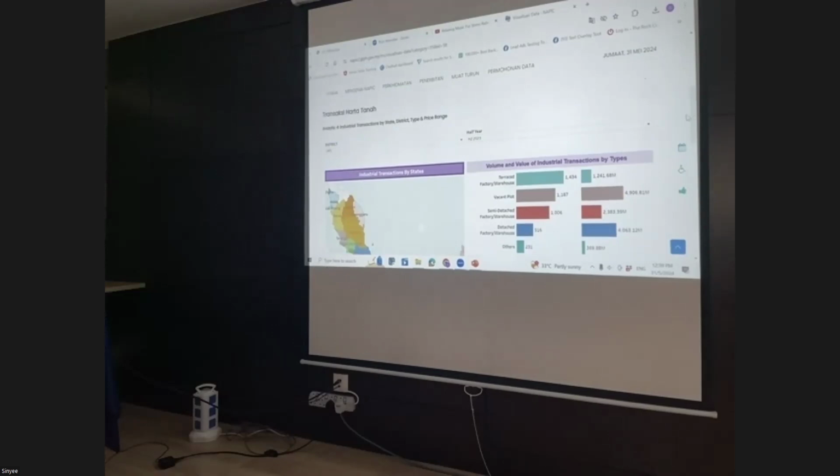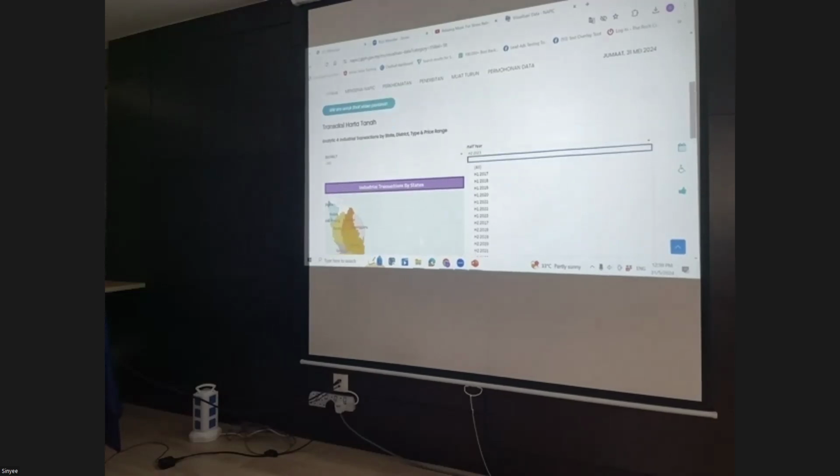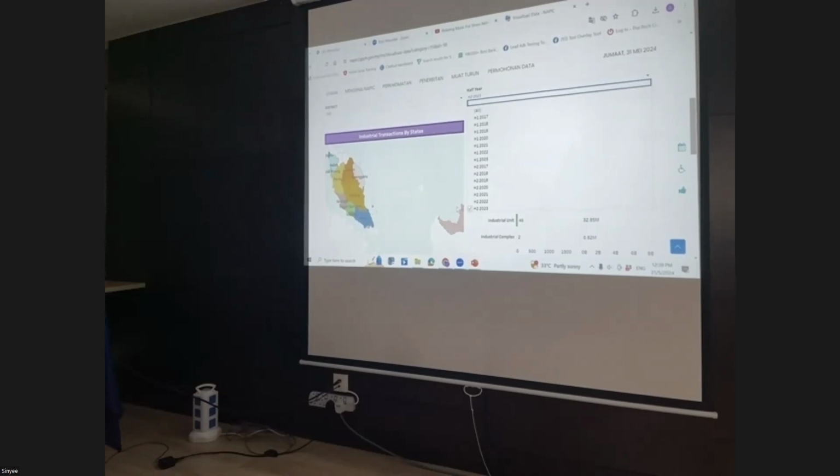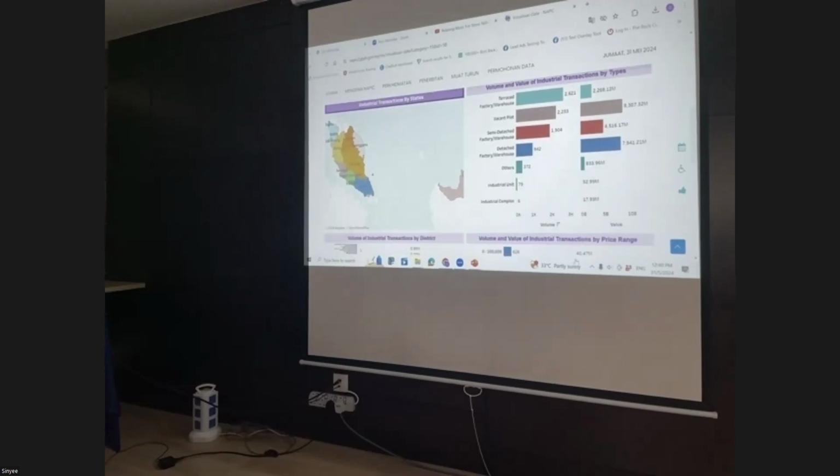If we scroll down here, from here we need to select the half year ourselves. For example, we want to know all the industrial transactions for 2023, select H2, second half, and the first half. Then it will generate. So for year 2023, this is the total transactions. This is the value.